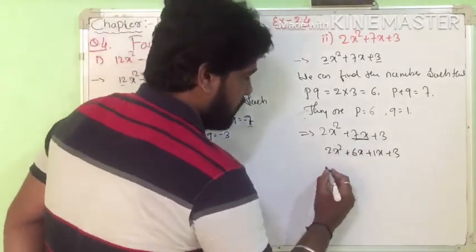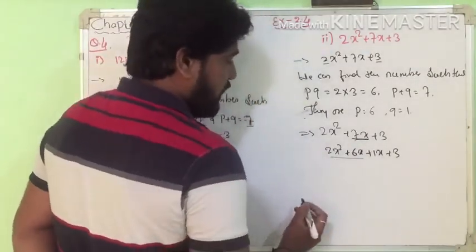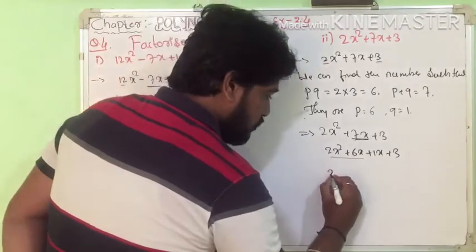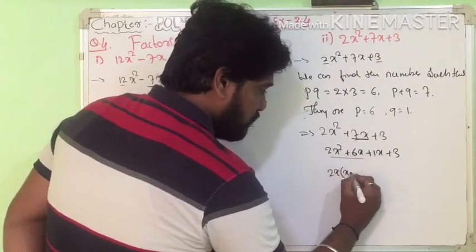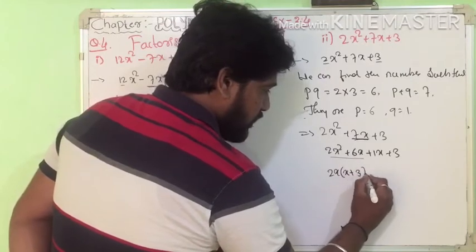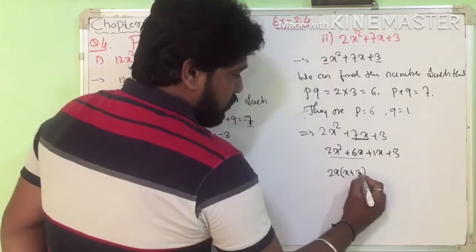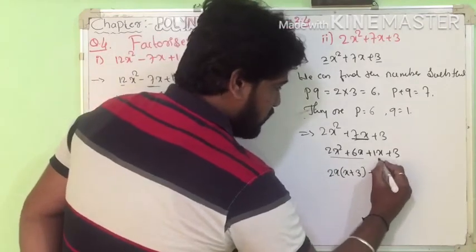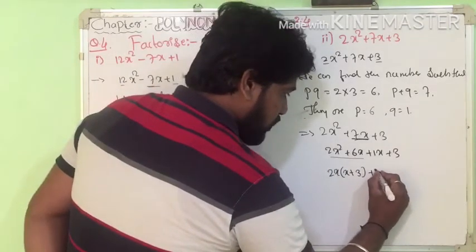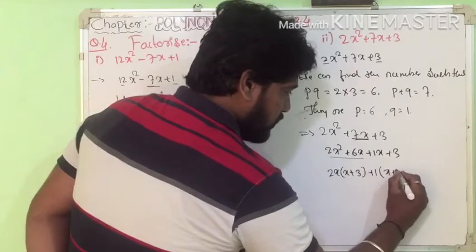It is the splitting method. In these two we take common 2x. 2x comes outside means x remaining, and 2x comes outside means plus 3 remaining. 2x into 3 is 6x, 2x into x is 2x square. Then in the last two I take common plus 1, remaining x plus 3.